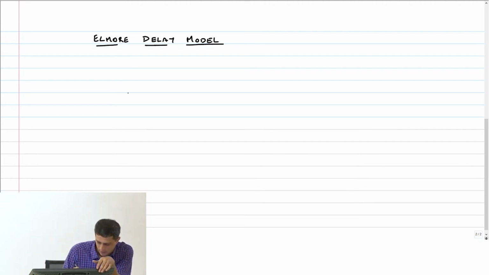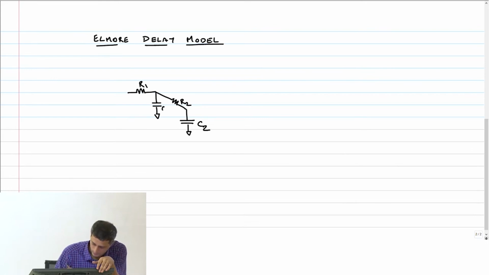So let us consider a reasonably complex network. The same thing that I drew: R2, C2, C1, R3, C3, R4 and C4.